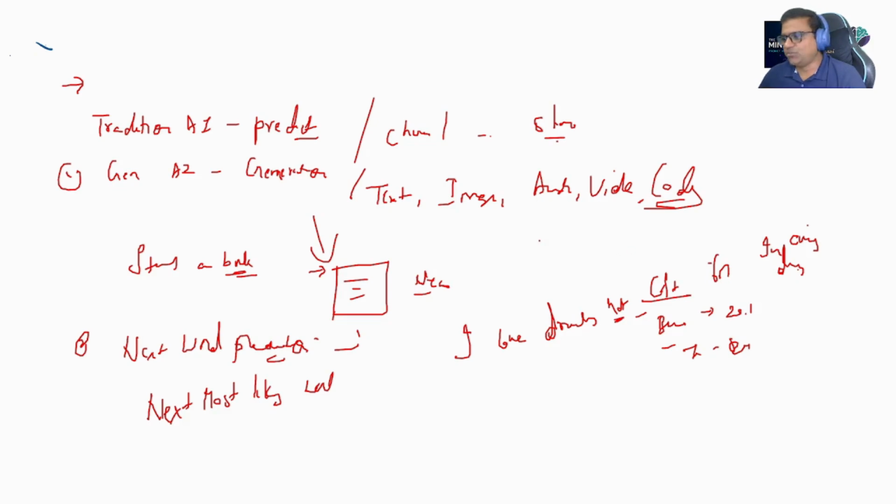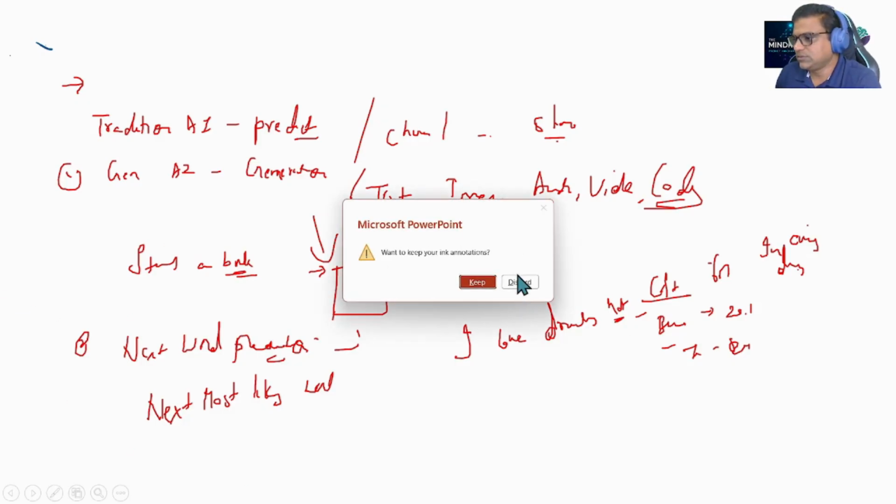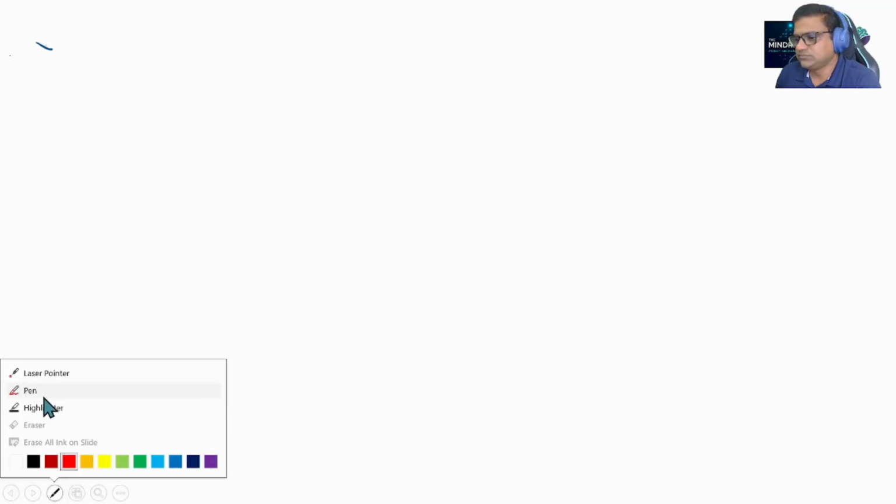So how does the model learn? Let's take the Shopsphere example. We have millions of products, and millions of product descriptions.